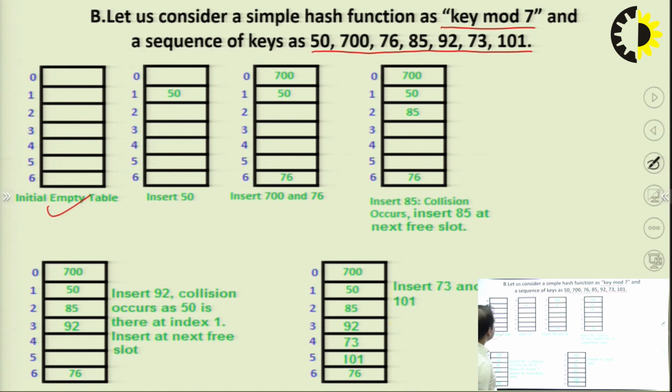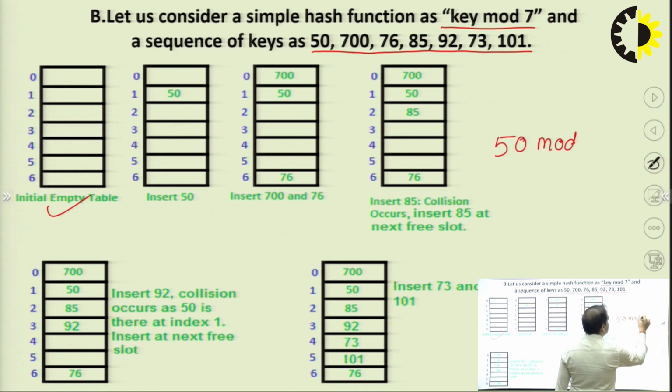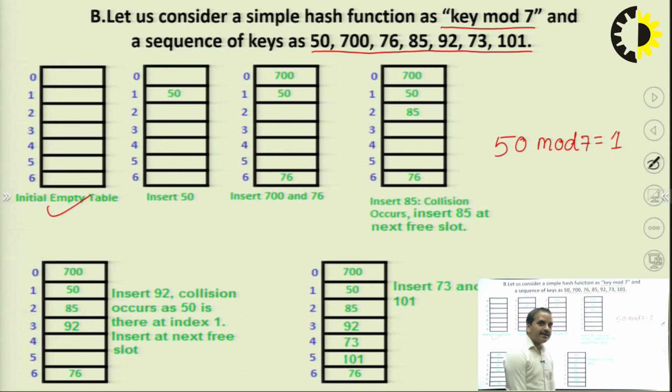First we check the first element, 50 mod 7. The output of this function is 1, because mod returns the remainder, and the remainder of 50 mod 7 is 1. That means we store 50 at location 1.